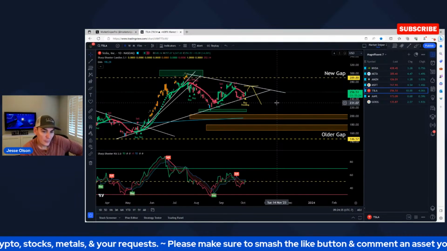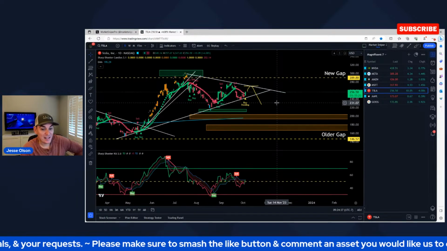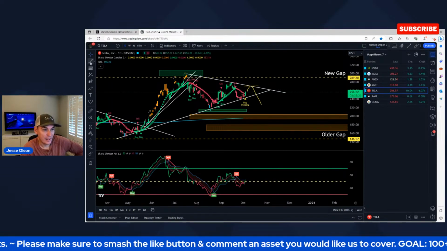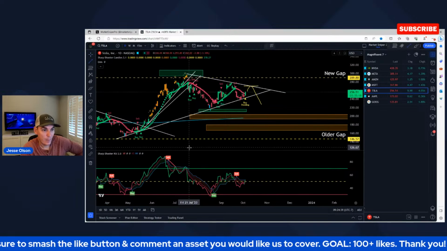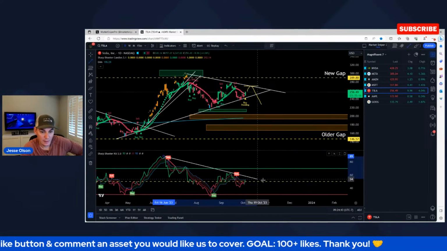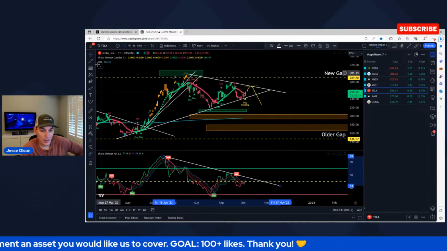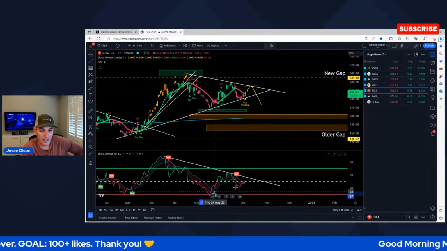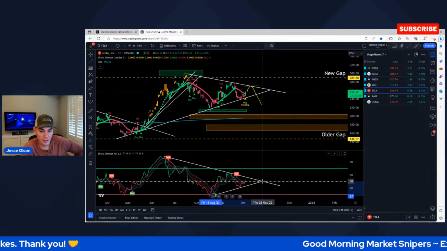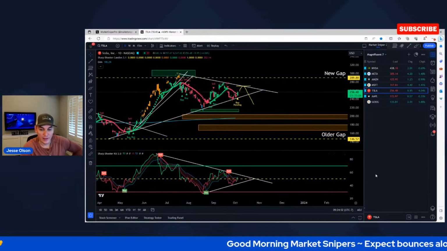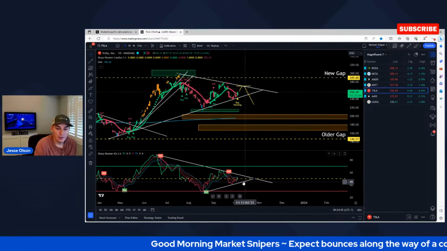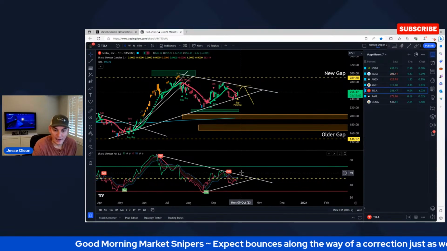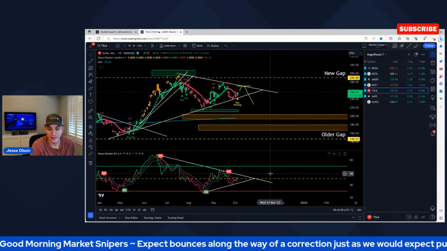So it doesn't look as interesting for me, but if you look at it even on the RSI, right? How it's consolidating even on the RSI. You've got this, right? So it lines up with the price trend lines. You're looking for a bigger move. Is it going to break out to the upside or is it going to break down to the downside?